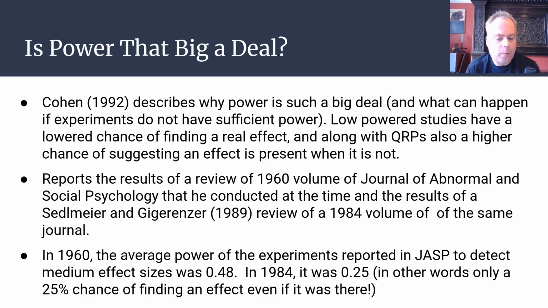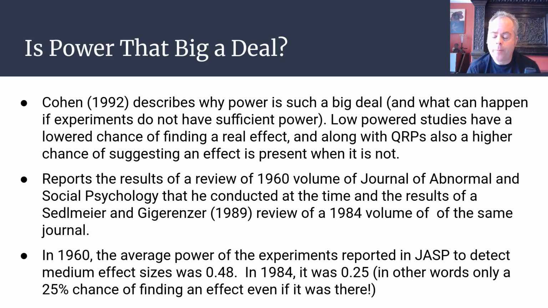In 1984, which is 24 years later, it was actually 0.25. So experimental power was actually dropping over time. People were running worse experiments in the early 80s than they were in the late 50s and early 60s, with respect to designs that had sufficient experimental power.